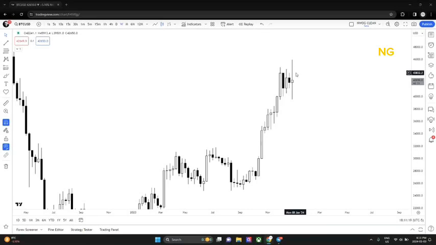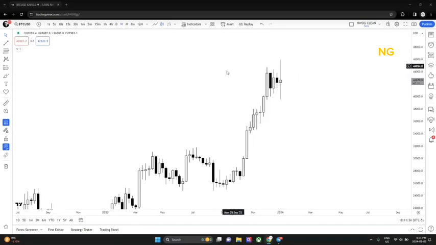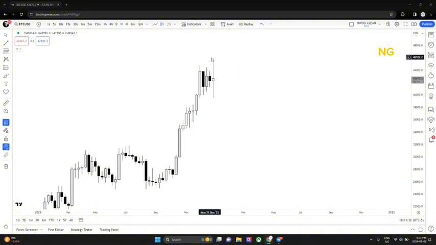This is the basic thing that you have to know, right? We're going to build on this as we go along. Okay, so I think you guys should have a good idea about buy side liquidity and sell side liquidity now.